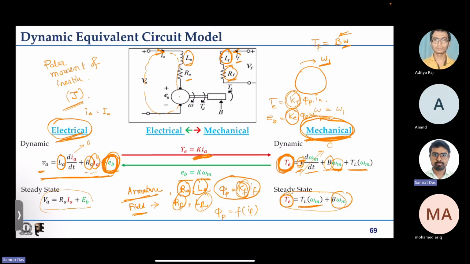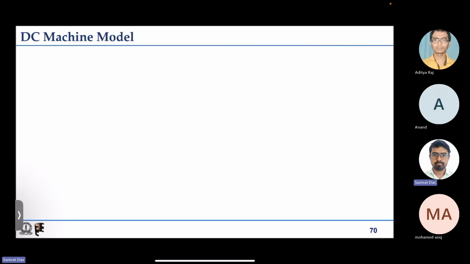You can look at the typical values for a given rating or different ratings. That can be one exercise. And then with these parameters we will be able to have a model of a DC machine.